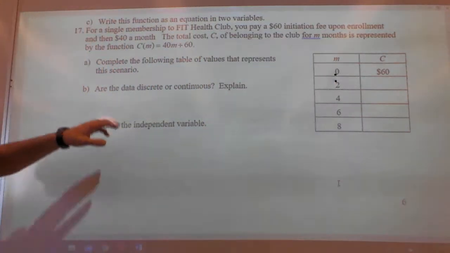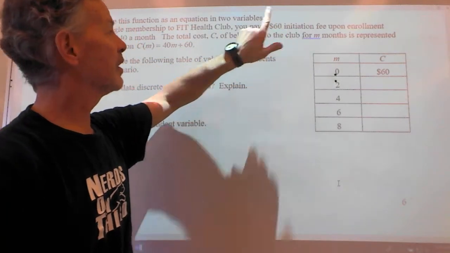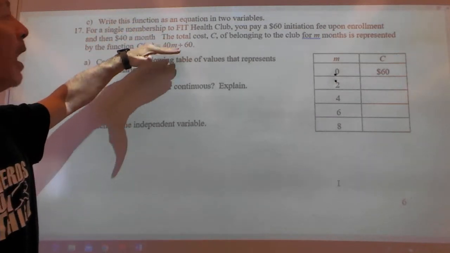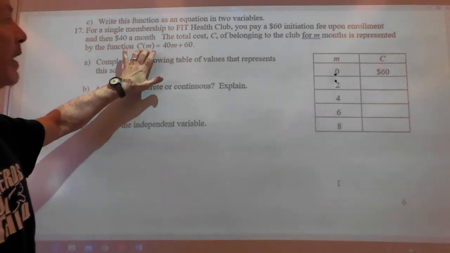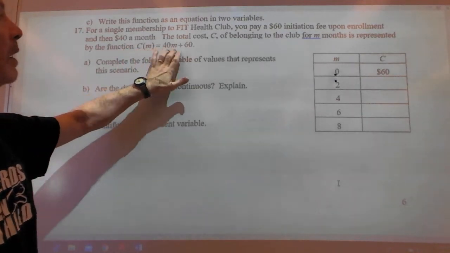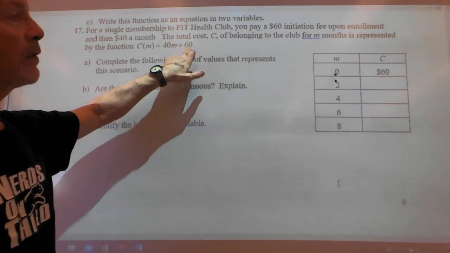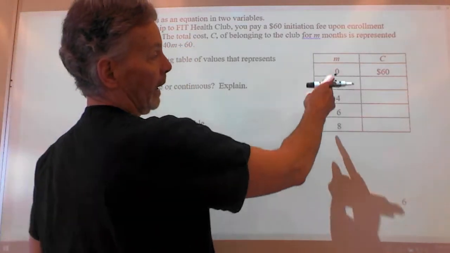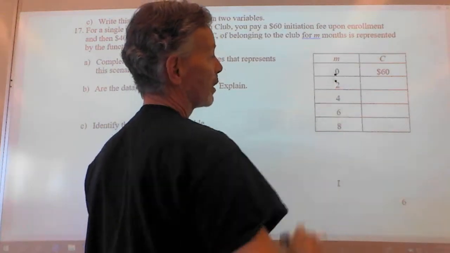Okay, very quickly, for a single membership, you pay $60 for initiation and then $40 a month. The total cost written in function notation is C at M, the total cost, equals $40 for every month plus your $60 initiation fee. So, if you take out a membership for 0 months, they're going to charge you $60.